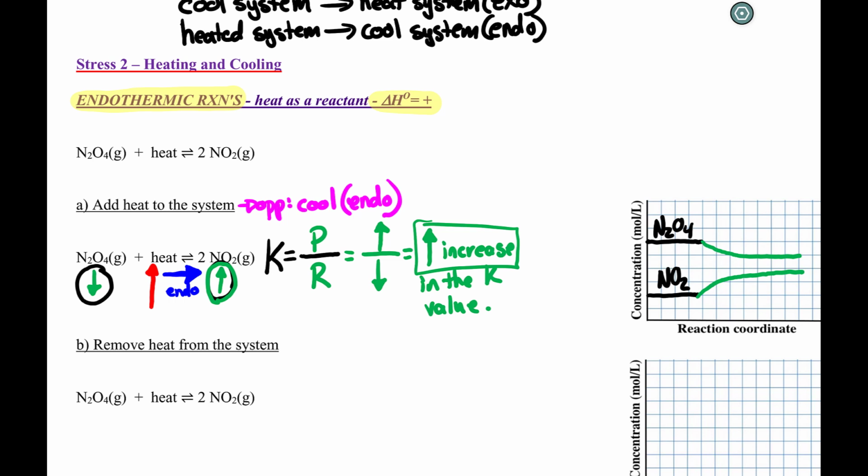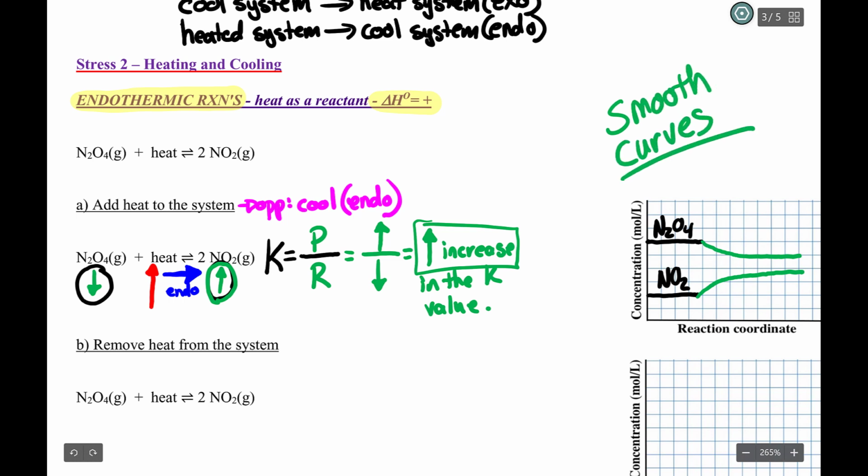So a heating and cooling Le Chatelier graph are always smooth curves. And the smooth curves align with my green arrows. Green arrows. Good.